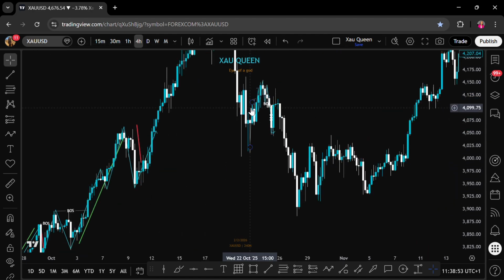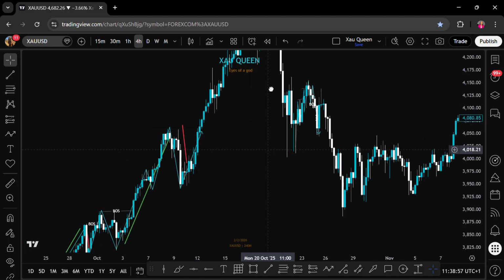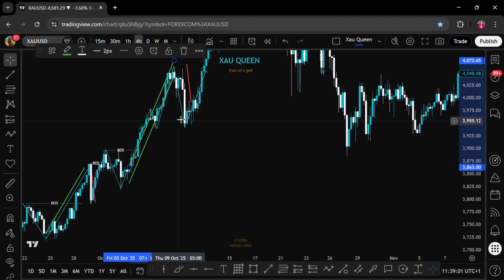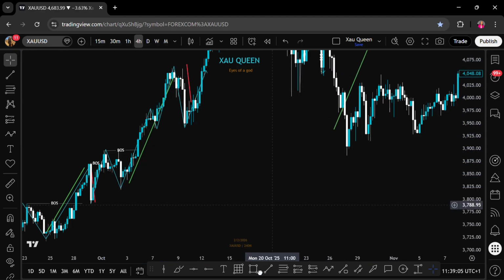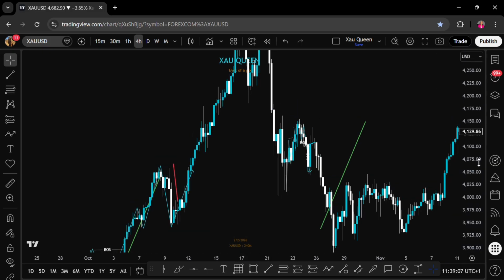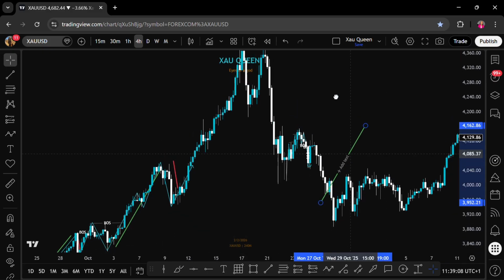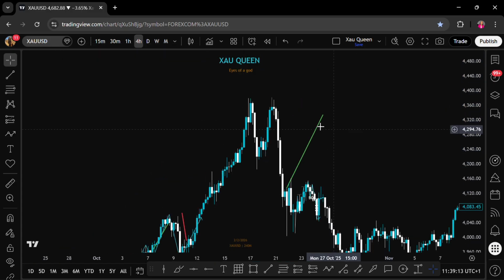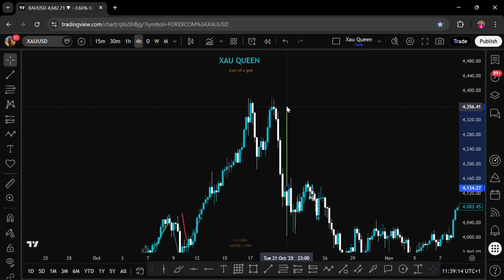When it also comes to a downtrend, we can see that. Let me clean this up. So you can see that when it comes to the downtrend, this was the impulse move.